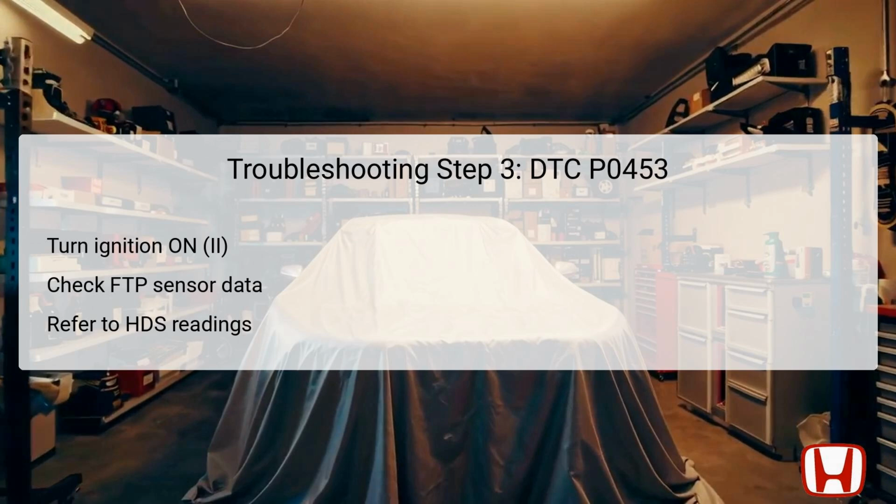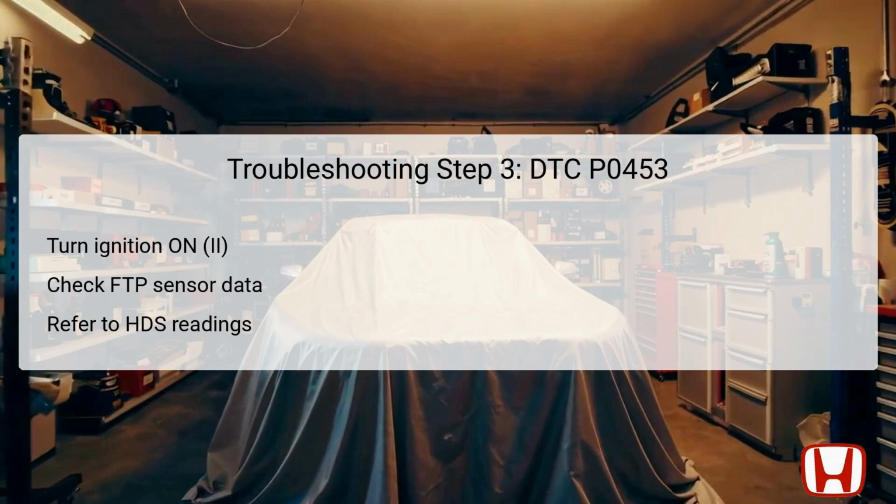Using the HDS, check the data list to monitor the reading from the FTP sensor. It is crucial to verify whether the sensor indicates around 7.3 kilopascals, 2.16 inches Hg, or 55 millimeters Hg, or 4.7 volts or more.